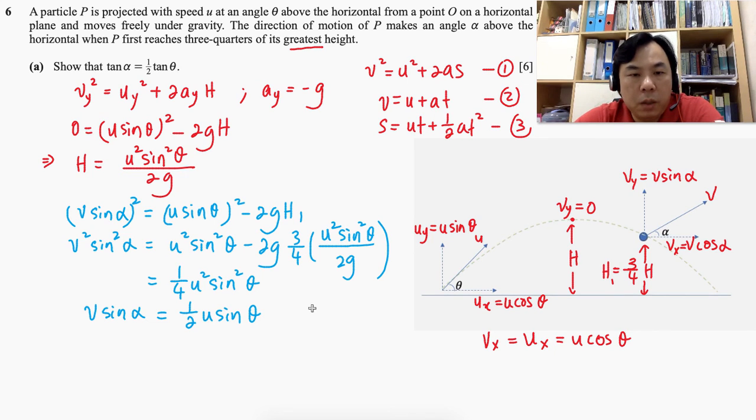Now bear in mind, we are only interested in the positive value because it is above the ground itself. So the angle and the speed are all positive values. Therefore, I did not include the analysis related to negative values. And then from here, we can try to simplify this.